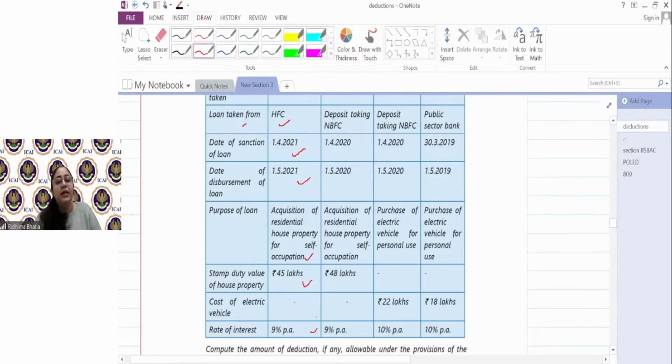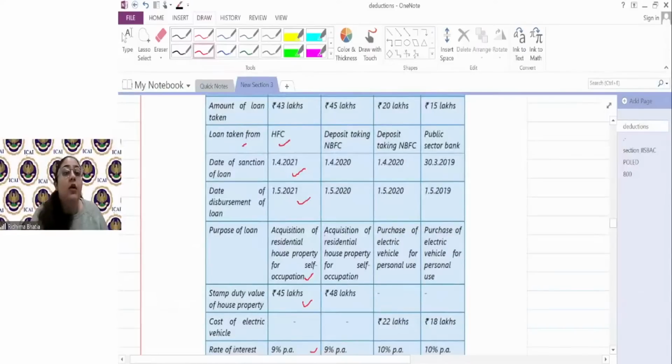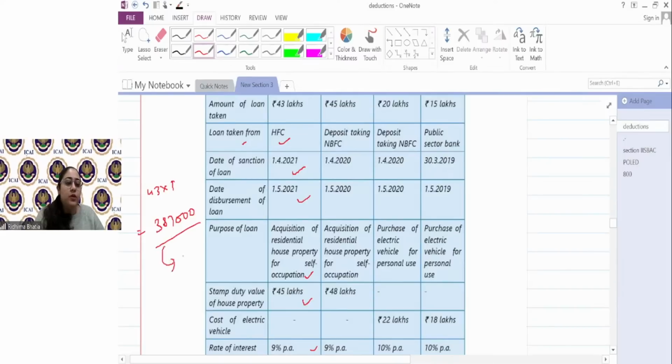First of all, we have to calculate the interest amount. The stamp duty value of the house property is 45 lakhs, correct? It is within my 80EEA limit, correct? Loan is 43 lakhs. 43 lakhs at 9%, guys, for financial year 23-24, how much will it come? 43 lakh at 9% is 3,87,000. Okay, out of 3,87,000 what will this person do?